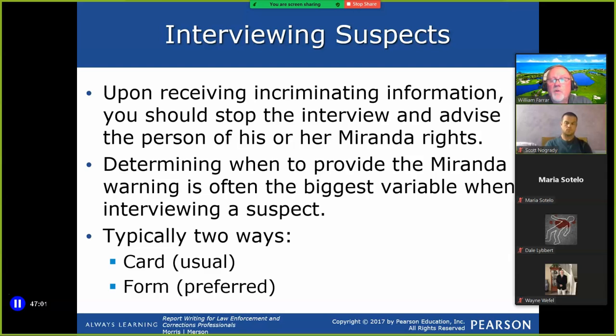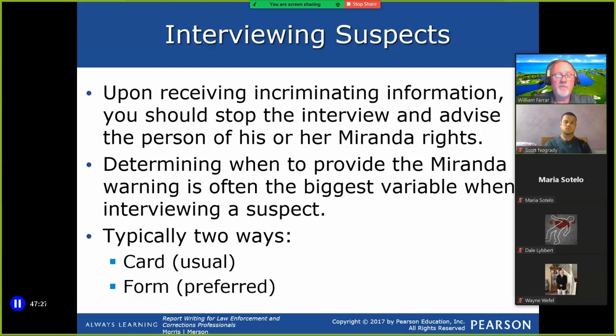Upon receiving incriminating information, you really should stop an interview and advise a person of their Miranda rights. And a lot of times when you're doing an interrogation, you may want to Mirandize that person before you do the interrogation. Determining when to provide Miranda is really one of the biggest variables when you are talking to a person.